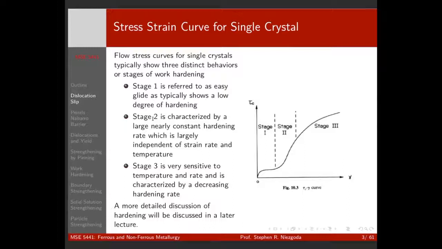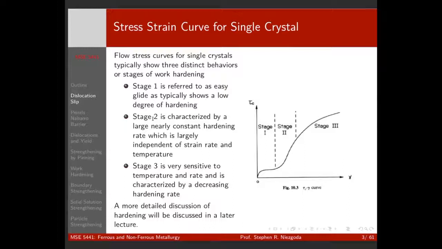Okay, so most of us are not used to looking at the stress-strain curve for a single crystal. Usually when we do a stress-strain test, it's on a polycrystal. So think of this just schematically. But if we have a single crystal, the stress-strain curve looks a little strange. We first go through an elastic region, a yield, followed by what's called easy glide, where we have very little resistance to slip.